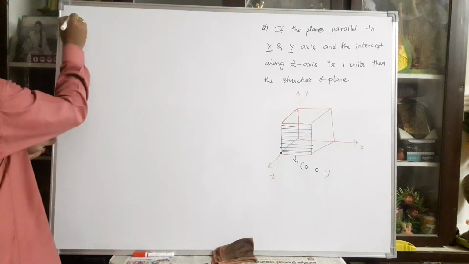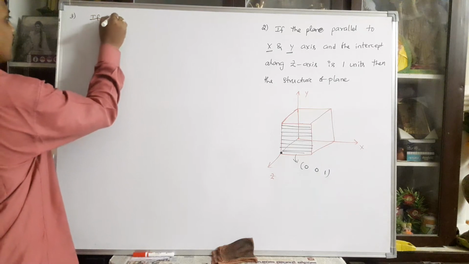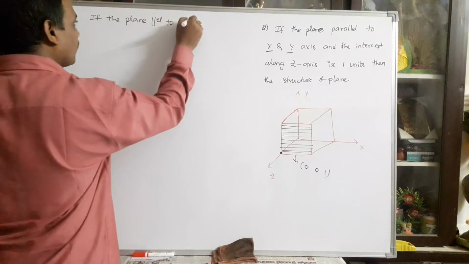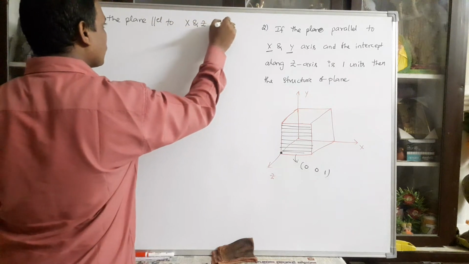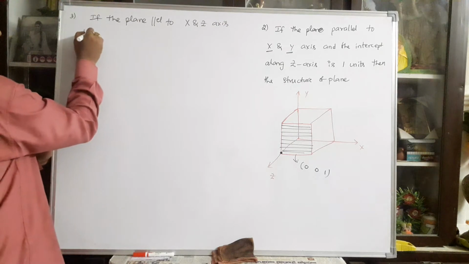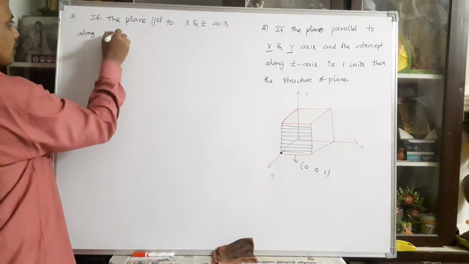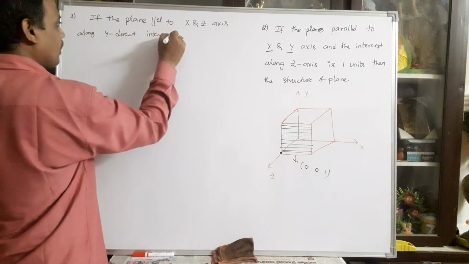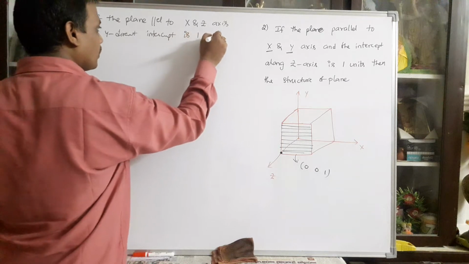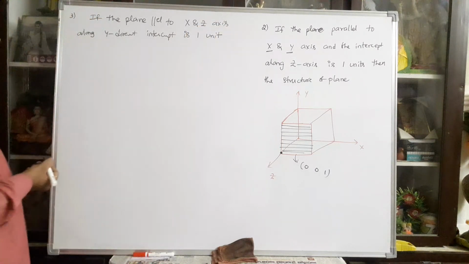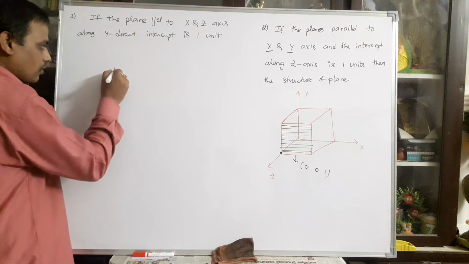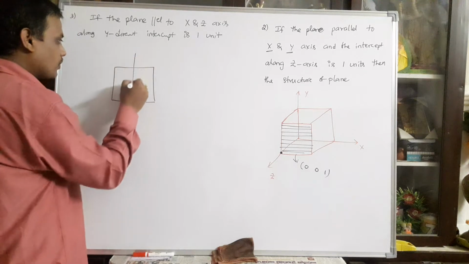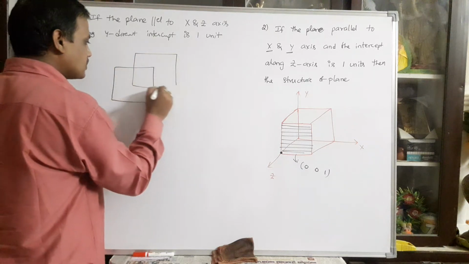Third one: if the plane is parallel to the x and z axis and along the y direction their intercept is 1 unit, then draw the lattice plane. So for this you can take one cubic structure like this.